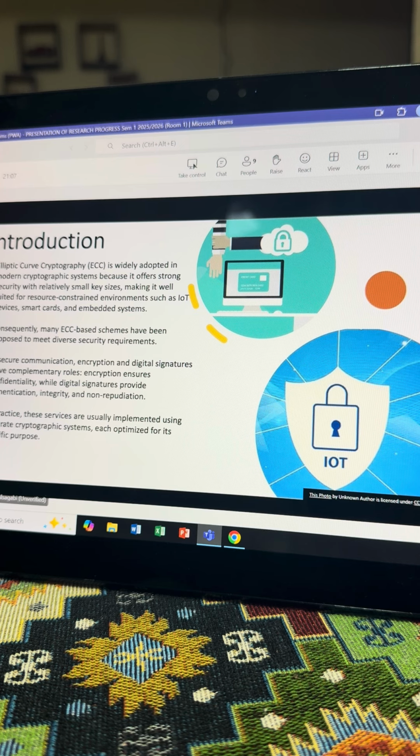Encryption protects confidentiality, while signature provides authentication, integrity, and non-repudiation. My research is motivated by the idea of designing an ECC-based mechanism that can deliver these functions securely and efficiently in a more unified way, without adding unnecessary computational or communication overhead.